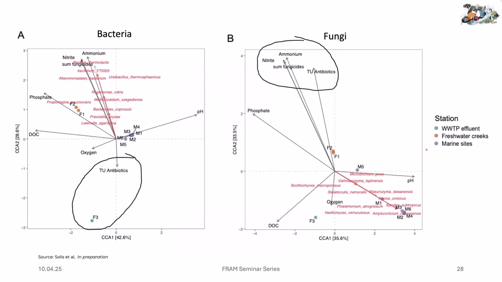For Stenungsund, basically, we observe a quite similar pattern. So you can clearly see here how the toxic pressure, particularly for antibiotics, correlates very strongly with the wastewater treatment plant effluent. Basically, that means it's very likely that the antibiotics being released by the wastewater treatment plant are responsible for the structuring of the microbial community in that particular place. And something similar we observe for the fungi.